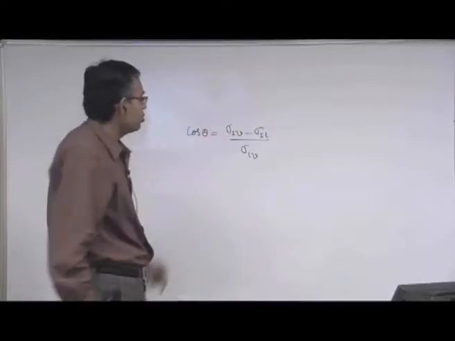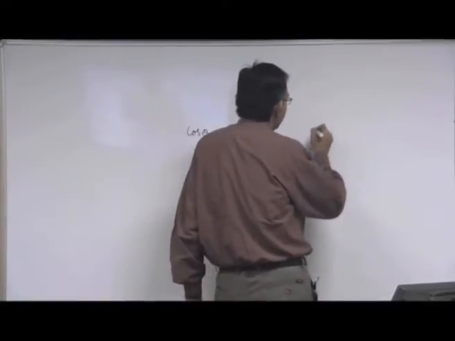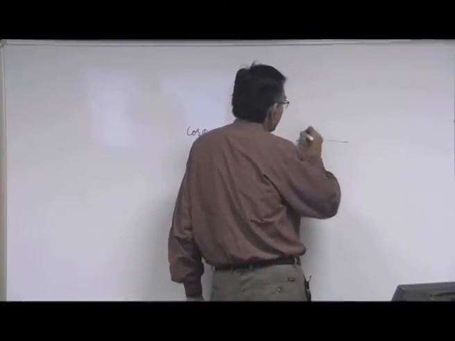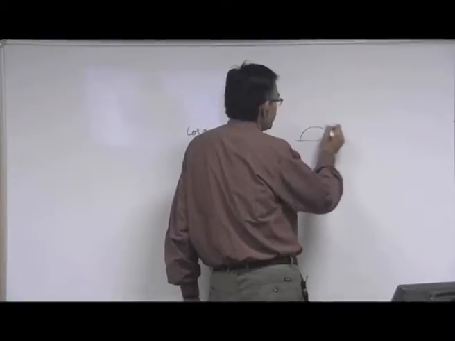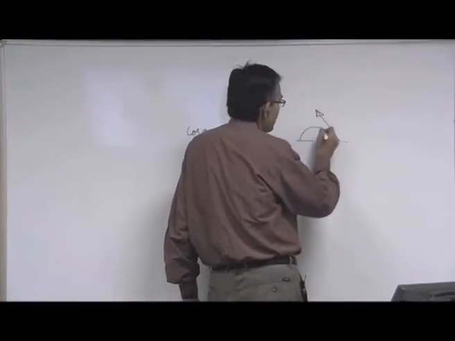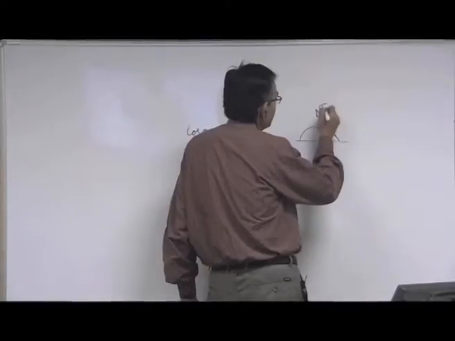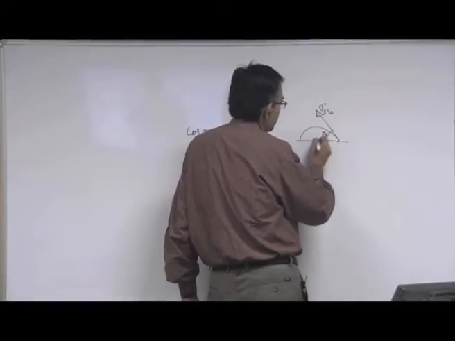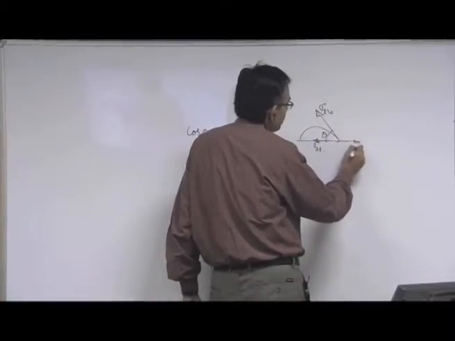If you do not recollect how this was, just consider a droplet like this. This angle is theta, this is sigma LV, this is sigma SL, this is sigma SV.